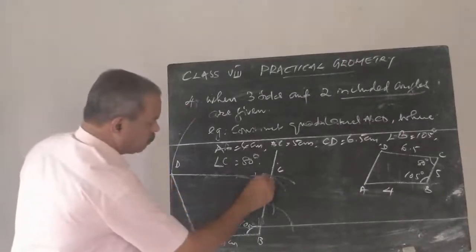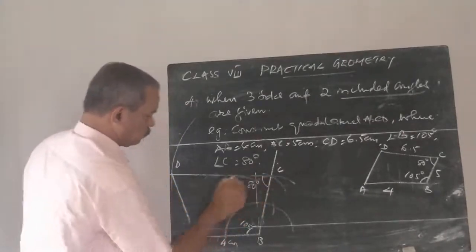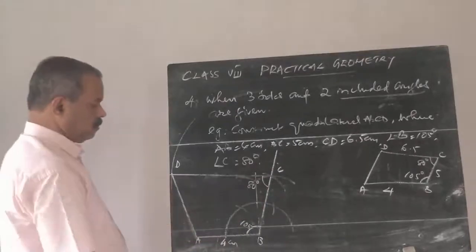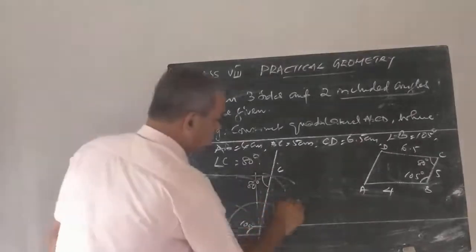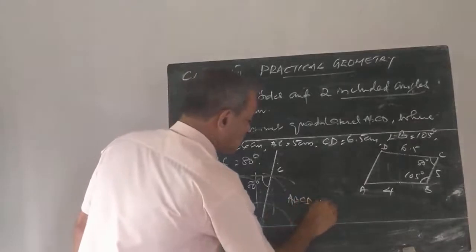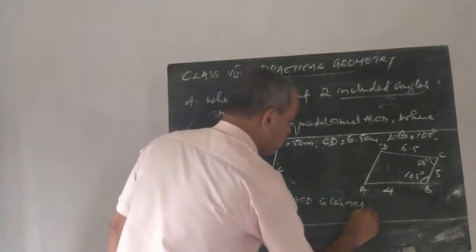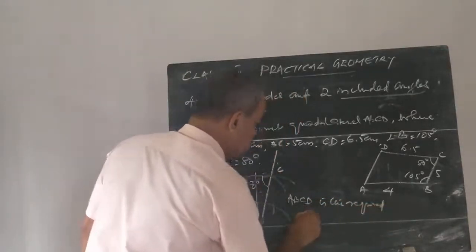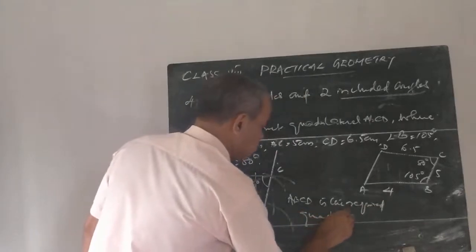So here angle C is 80 degrees. ABCD is the required quadrilateral.